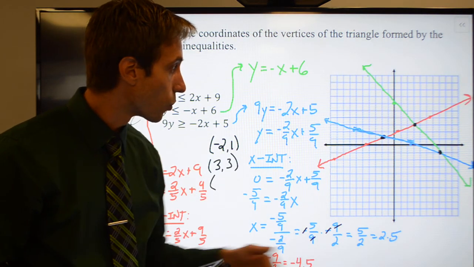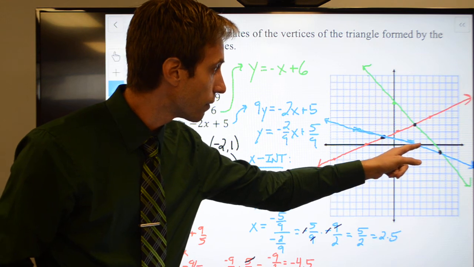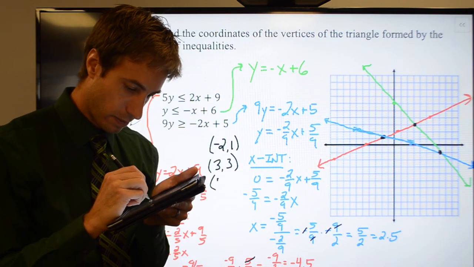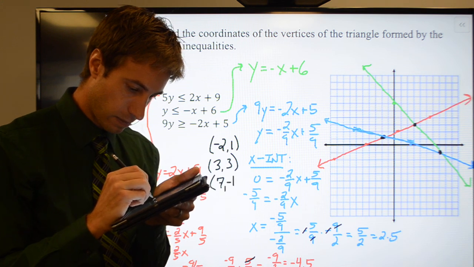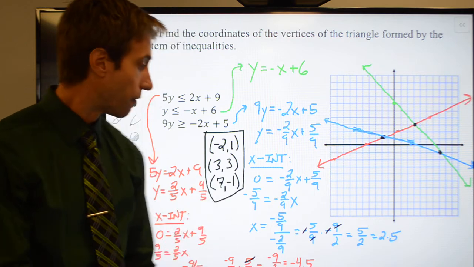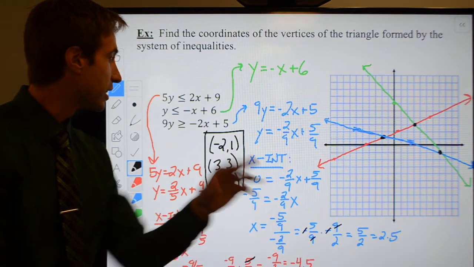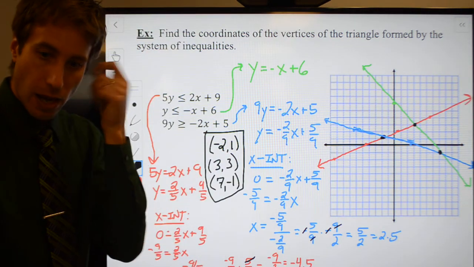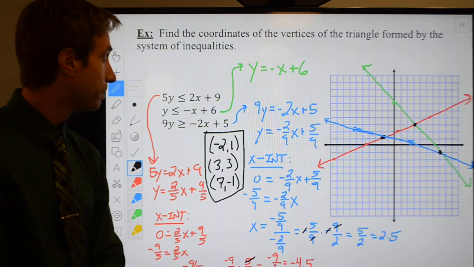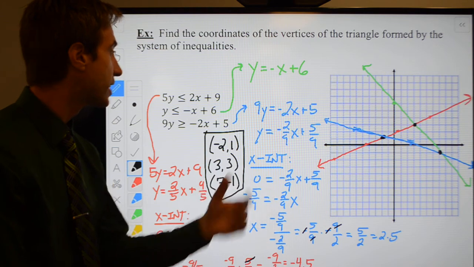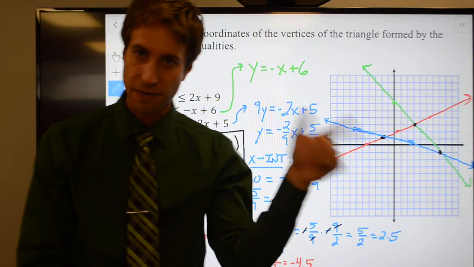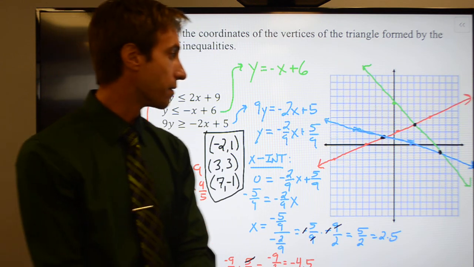And my last one is at 7, minus 1. All right, there are the vertices for the triangle that is the result of graphing those 3 points of intersection, or the vertices that come from graphing those 3 inequalities and finding the corners of the triangle.